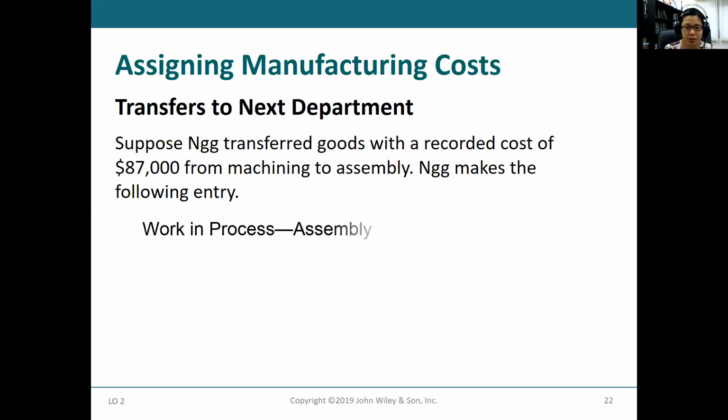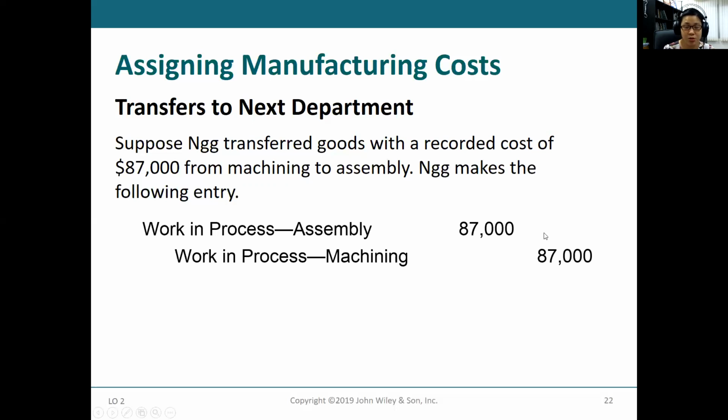We debit work in process assembly 87,000, and we credit work in process machining for 87,000, because we transfer from machining to the assembly department. So remember, when we transfer from one department to another, you credit the one that you transfer from and debit the one that you transfer to.